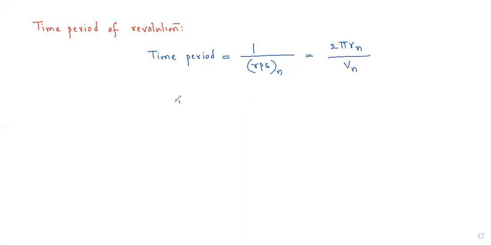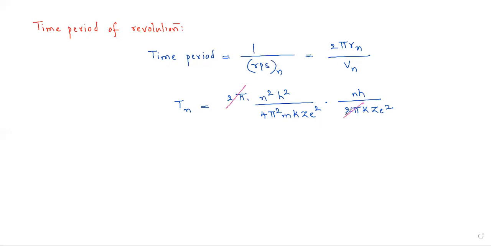Time period is the time taken to complete one revolution. So that can be given as 2 pi times Rn, which is n square h square by 4 pi square m k z e square, divided by Vn, which is 2 pi k z e square by nh.